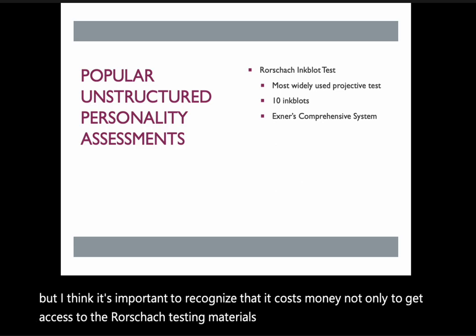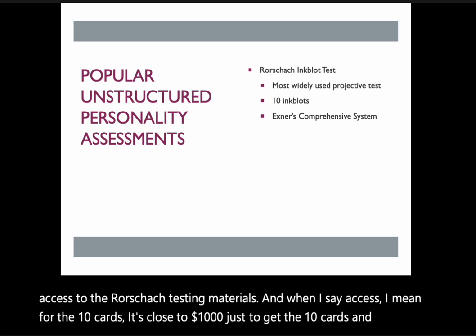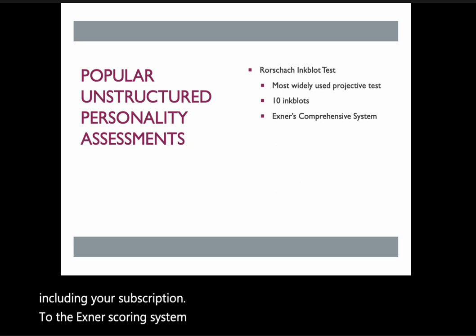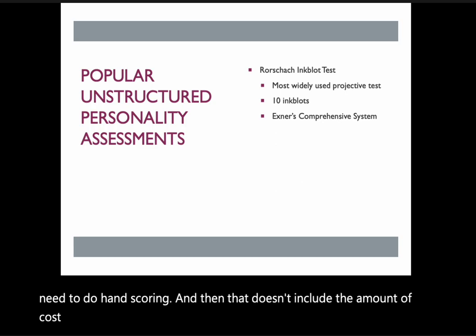And when I say access, I mean for the 10 cards, it's close to $1,000 just to get the 10 cards. And that's not including your subscription to the Exner scoring system, nor any of the book materials that you might need to do hand scoring. And then that doesn't include the cost to you in terms of financial and in terms of time just to learn how to administer the Rorschach.